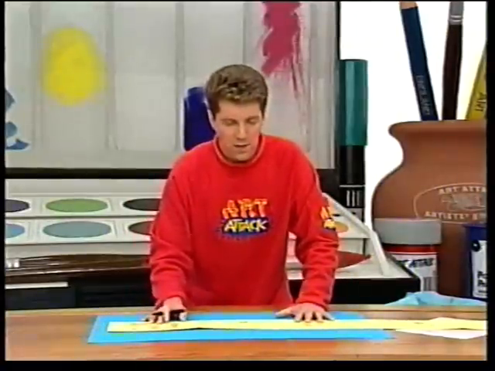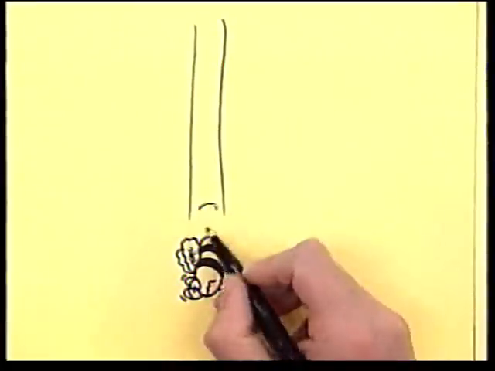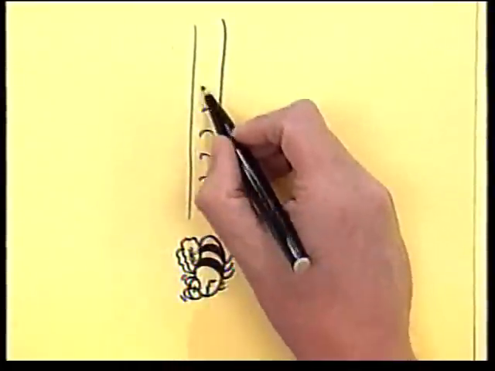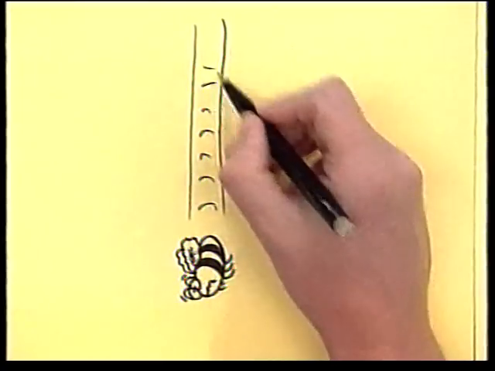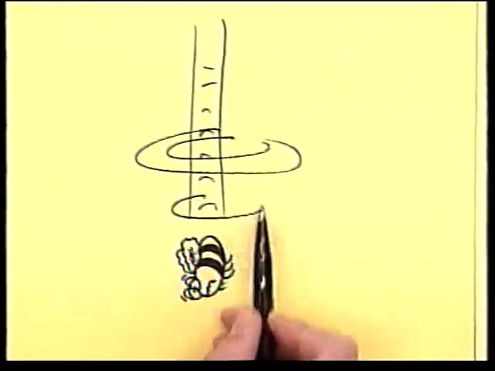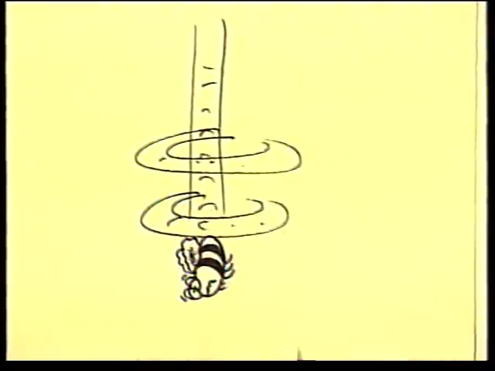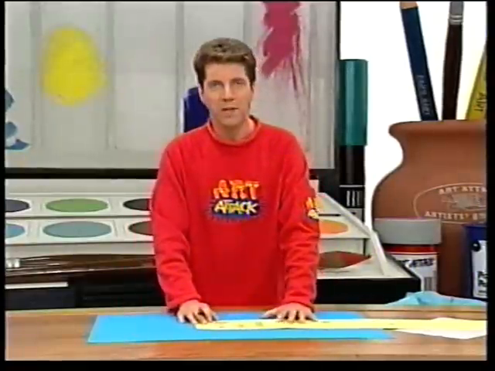Now, the bee starts to crash towards the earth, which is downwards. So I'll do the direction lines there, and the little C's in there. And the bee is spinning as he's going. He's so dazed. And again, if I do just curved spinning lines like that, curved direction lines, it looks like he's spinning.